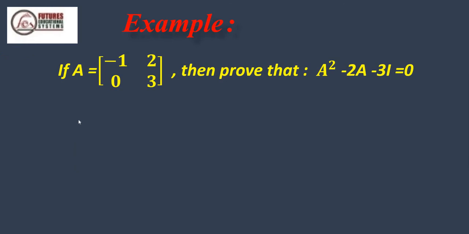Example: if matrix A is a square matrix in order 2 by 2, -1, 2, 0, 3, then prove that A squared minus 2A minus 3I equals 0.